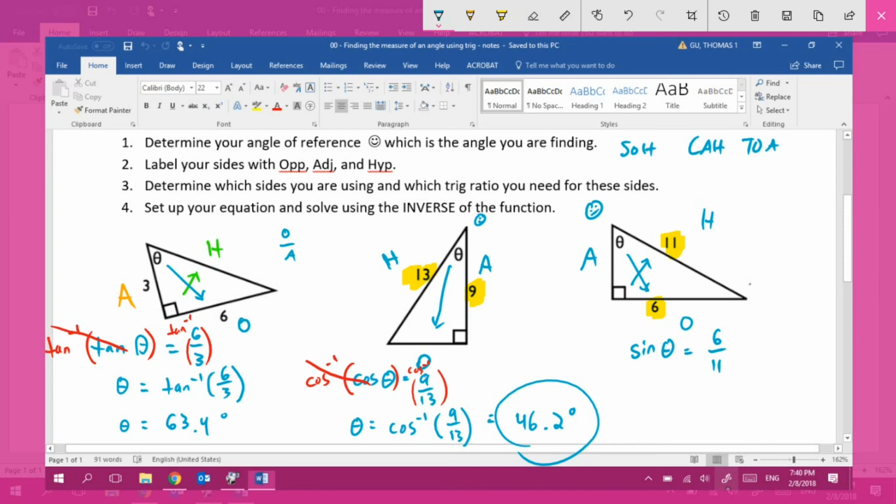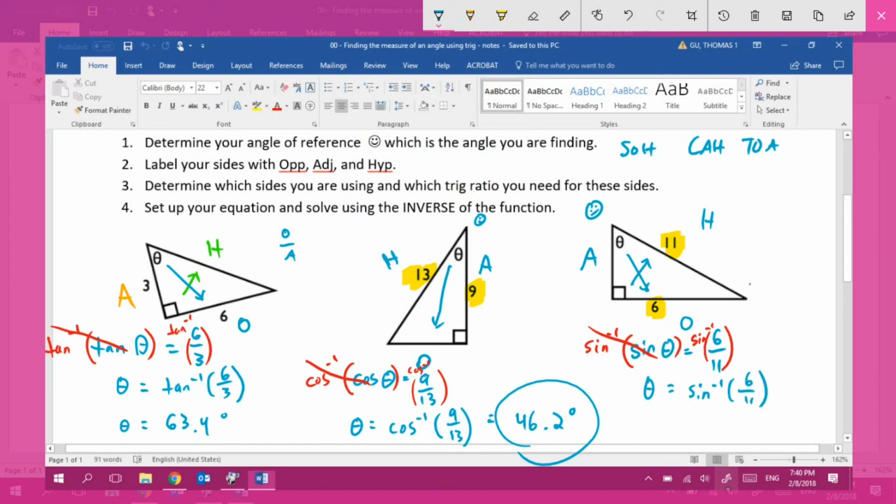So now how are we going to get theta alone? We're going to take the inverse of the sine, sine to the negative 1, on both sides. That's going to cancel out the sine on the left side and leave me with theta equals inverse sine of 6 over 11.